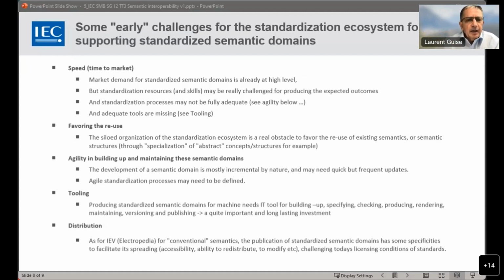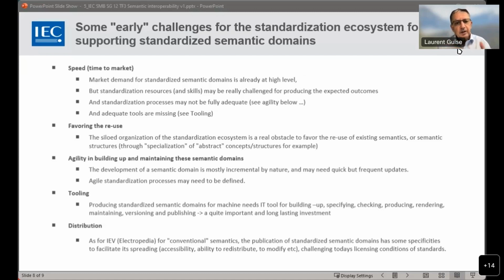The second point, which I have already started speaking of, was to favor the reuse. Today, the siloed organization of the standardization ecosystem is, as it is said here, a real obstacle to favor the reuse of existing semantics.